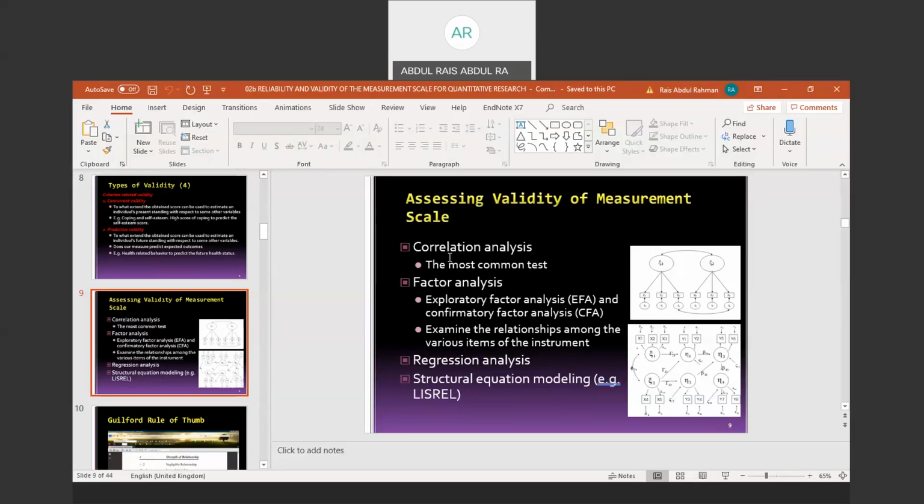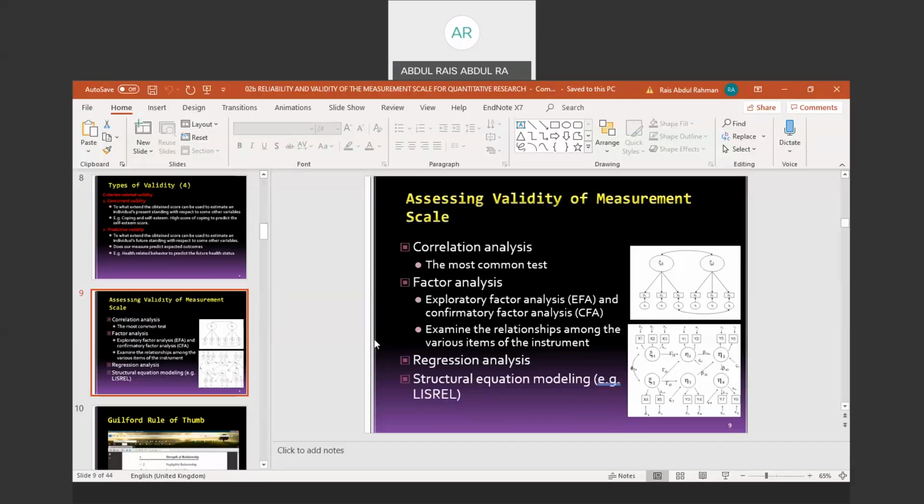CFA is basically to measure how your proposed model, your complex framework from independent to moderating to mediating to dependent variables, memenuhi threshold untuk CFA ni sebelum you boleh buat structural model path. CFA beza dengan EFA, CFA ni eksklusif pada structural equation modeling.